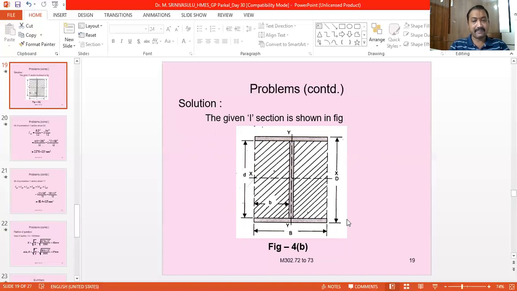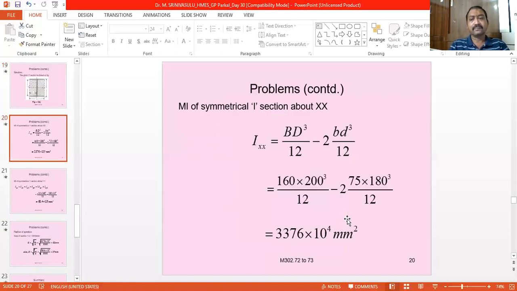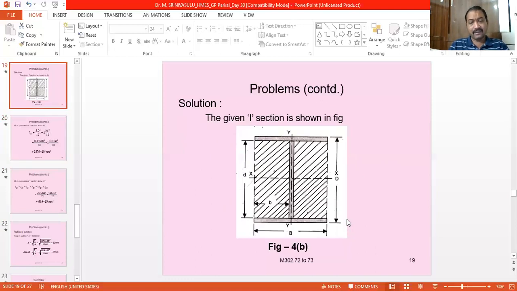In the previous examples, we divided the section into rectangle 1, rectangle 2, rectangle 3, and in that case Ixx1 plus Ixx2 plus Ixx3 also gives the answer. But whatever the method, whatever the procedure, the answer will be the same. The moment of inertia of the I section will be the same.